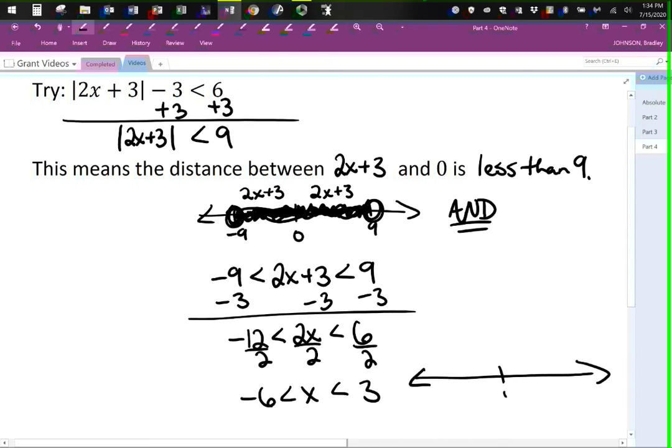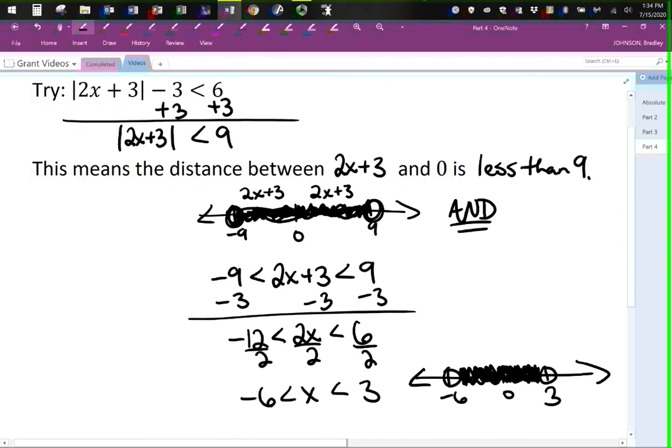Now I like to draw another number line just to make sure we match up with what we started with at the beginning. It means the distance between 2x plus 3 and 0 is less than 9. Now we've solved that, and we could see that we have open on the ends, but we can shade any solution in between.